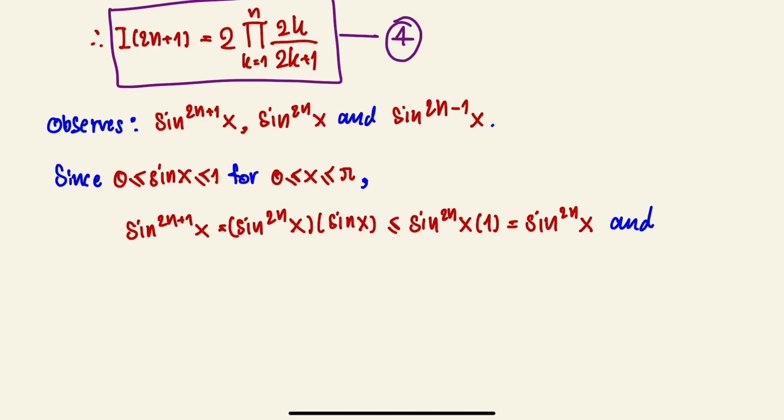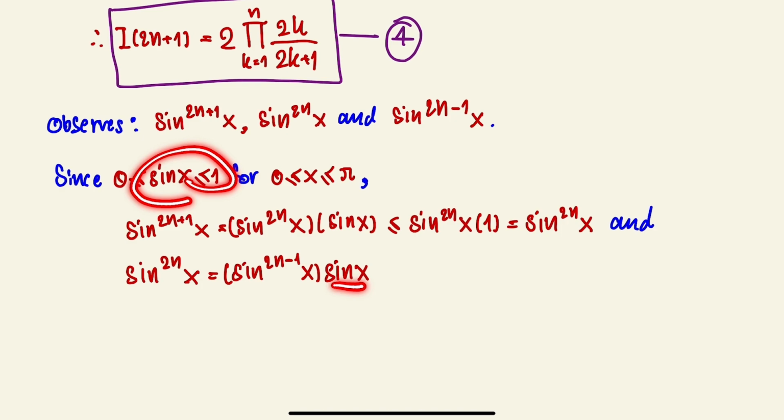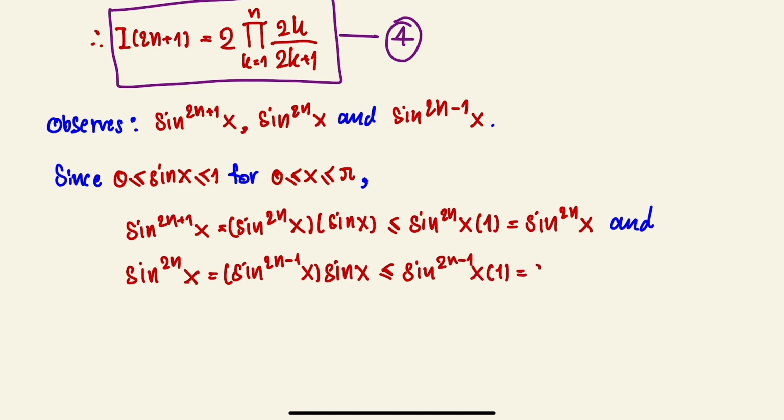And what next? Sine raised to the power of 2n x is sine raised to the power of 2n minus 1 x times sine x, and sine x is less than or equal to 1. So it's going to be sine raised to the 2n minus 1 x times 1, which is sine raised to the power of 2n minus 1 x.